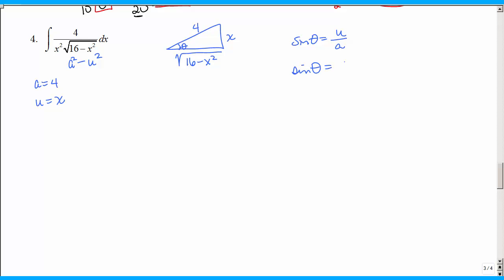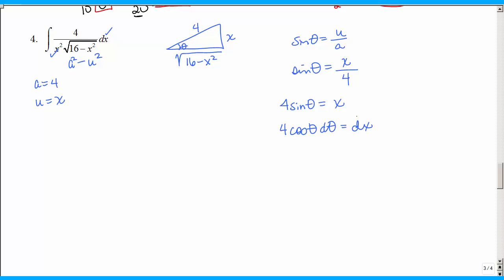So the sine of theta is opposite over hypotenuse. It's always easier if you do your trig function in terms of where your variable is in the numerator. Okay, I'm going to multiply both sides by 4 because I know I have to find dx, and I also have to know what x is. So now I know what x is. The derivative, got that.